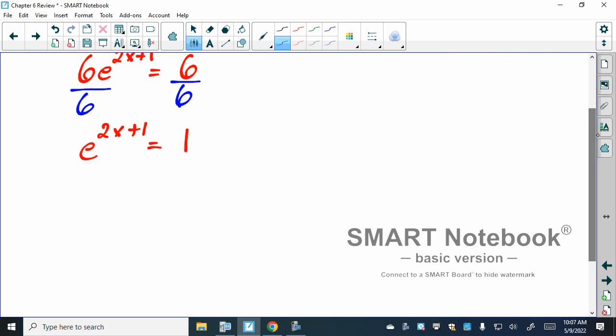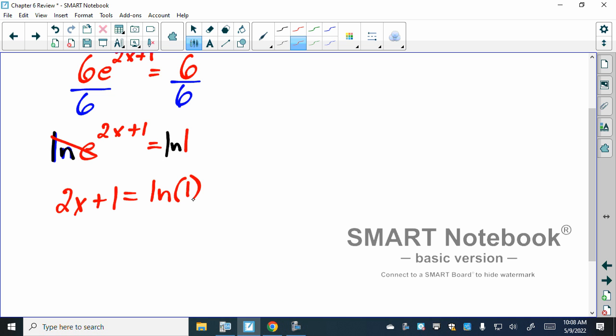Now that we have e by itself, we're going to apply the natural log to both sides. Because ln of e simplifies to 1, leaving us with 2x plus 1 is equal to the natural log of 1.